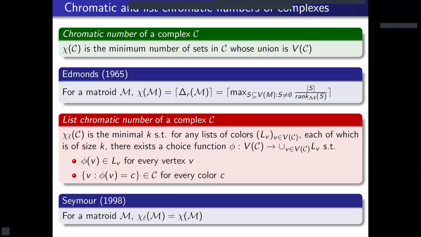So every edge should be monochromatic, like all the vertices within that edge. Is that what the second bullet point is saying? Yeah, if you consider this chromatic number, it means the vertices in an edge are monochromatic. Yes. Okay, thank you.